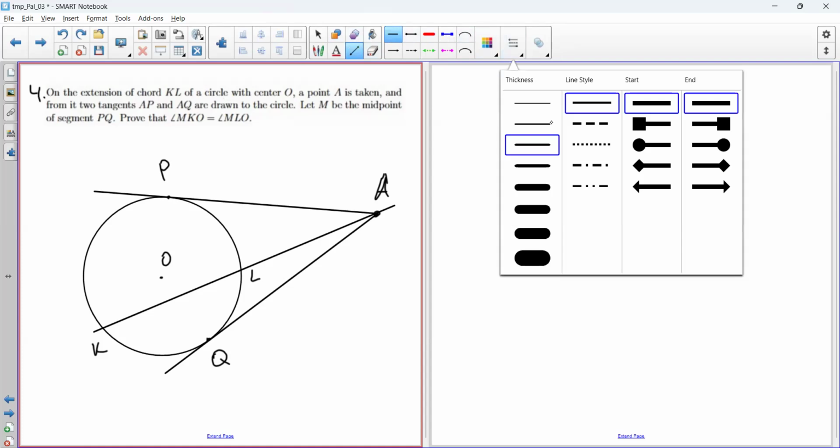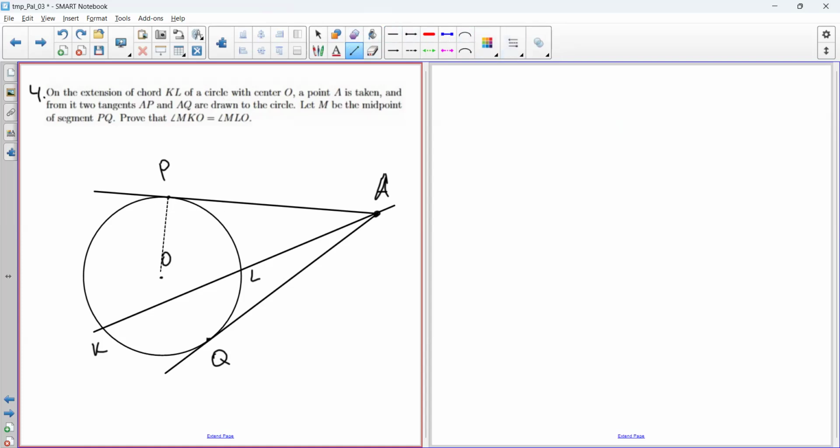So immediately, without any hesitation, I just draw some additional conditions here. I draw the tangent radii, I draw the radii to the given points, I denote the equal segments, I denote right angles, I denote equal angles.